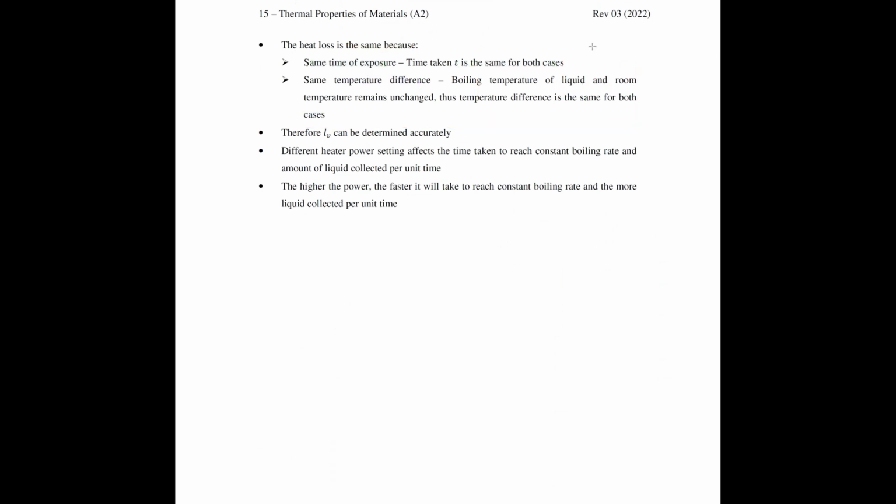Okay, so let me just explain a bit further about these two factors. If I talk about exposure time, how does it actually affect my heat loss? Consider that you have two beakers here now. This is beaker A, this is beaker B. They both contain water, all right?